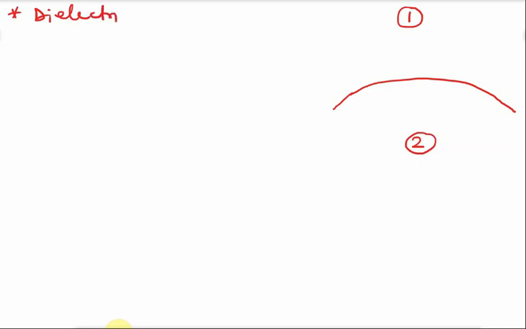So in both the regions we have a dielectric, but of different dielectric strength. Let's say the permittivity of the first medium is epsilon 1 and the permittivity of the second is epsilon 2.